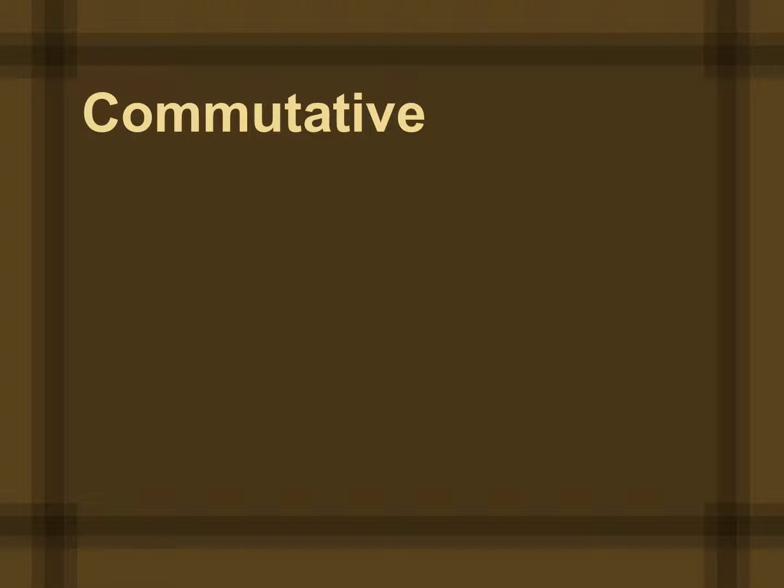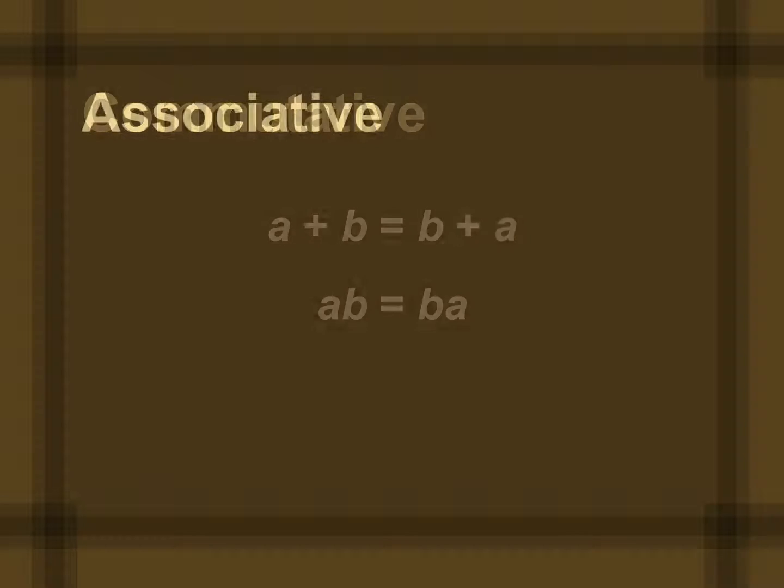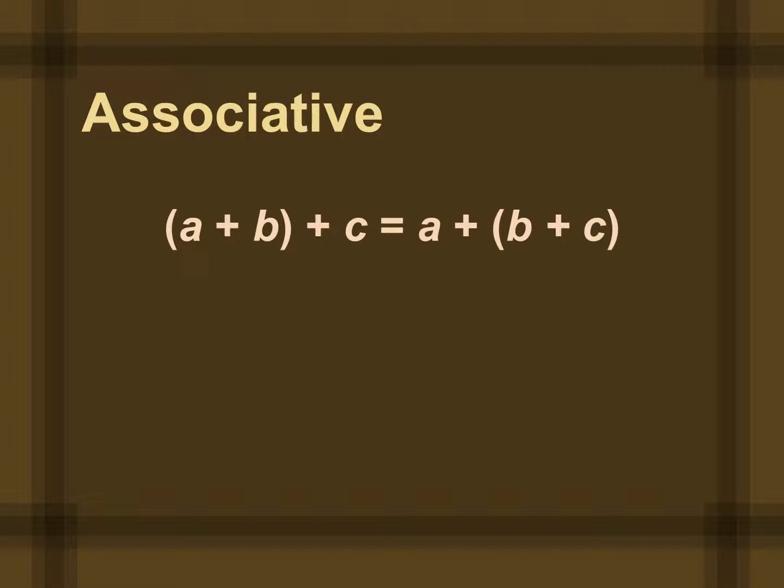Let's review some properties. We'll start with commutative. Commutative is when you change the order. So there's commutative property of addition, and there's also the commutative property of multiplication. And it's just changing the order of your terms. Then there's associative. Associative is changing who you are associating with, or who's in your parentheses, who's in your group. So when you change your group, that's the associative property.